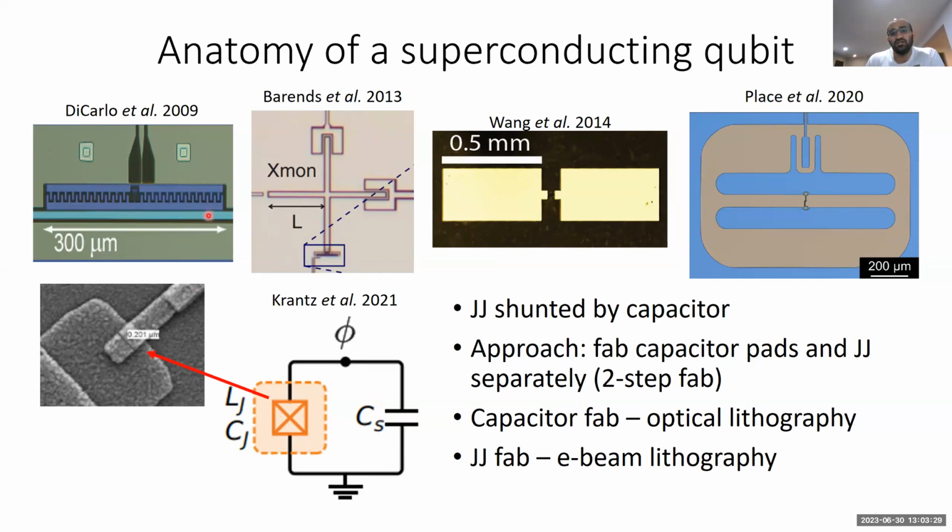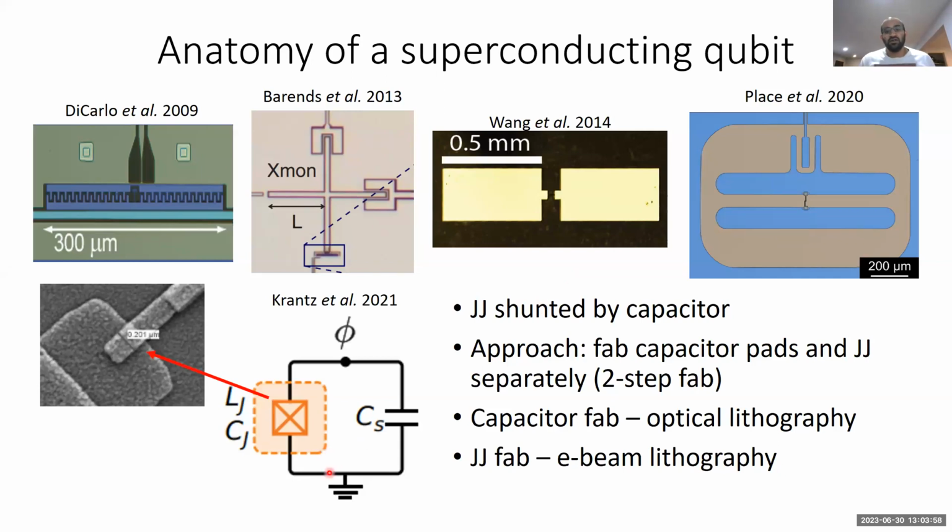And in these images, most of what you see here is what I'm going to call the capacitor. So in this paper, for example, the capacitance is between the two sets of interdigitated fingers, but there's also a capacitance to the ground plane. In this Xmon design, the capacitance is really between the center-shaped X or plus sign and the ground plane.